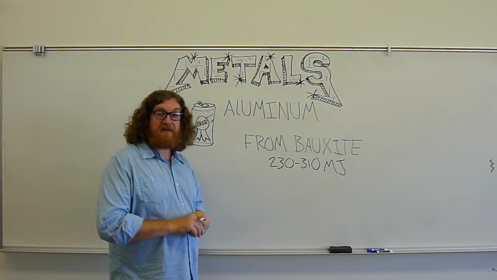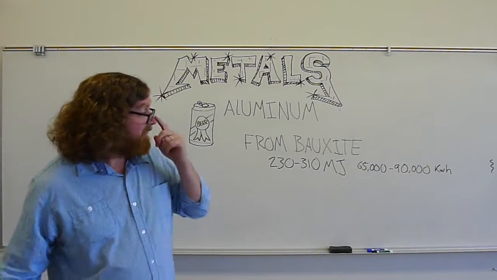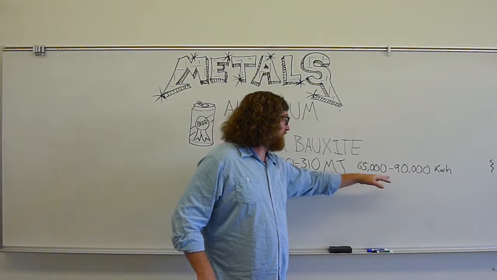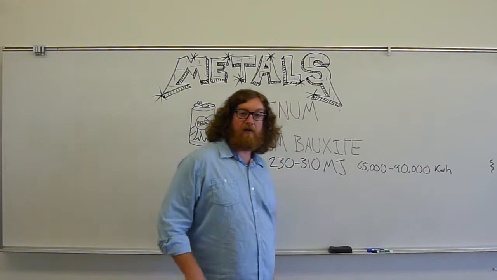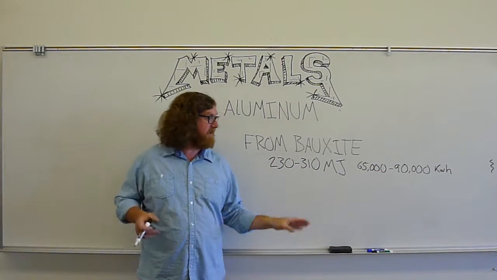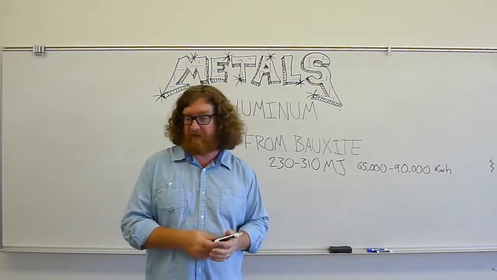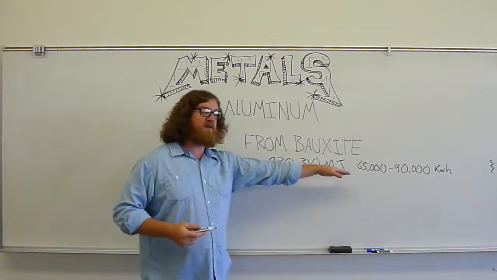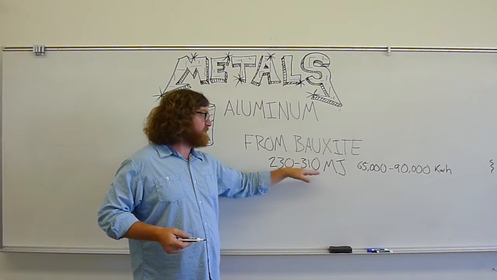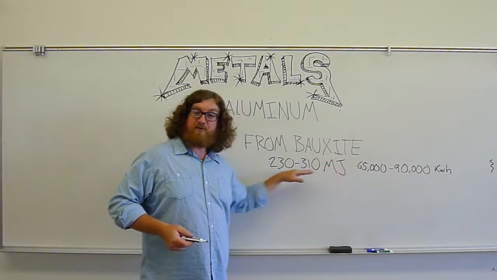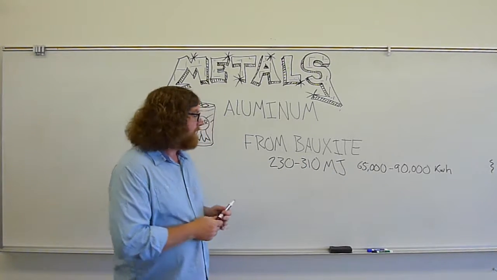That's a significant amount of power. That's equivalent to 65,000 to 90,000 kilowatt hours. Imagine what your power bill would look like if your usage was that high, right? Oh my gosh, it's really expensive to do that, because power is not free. You have to do this somewhere, and you're paying a power utility to produce your pound of aluminum.